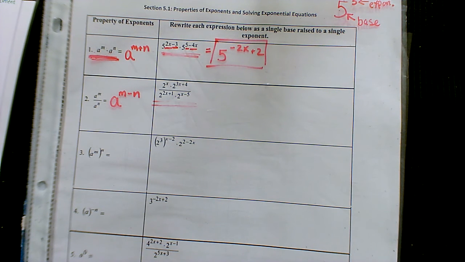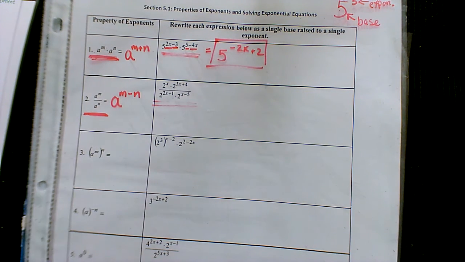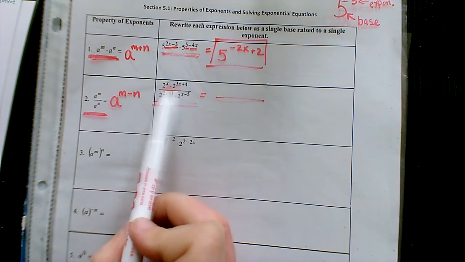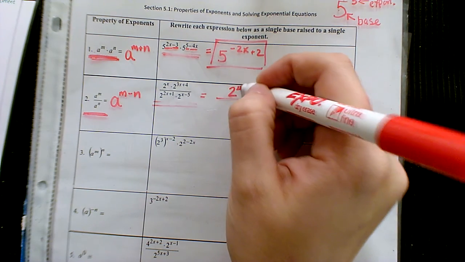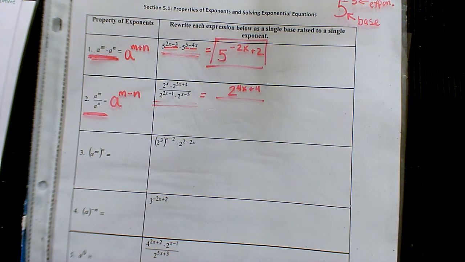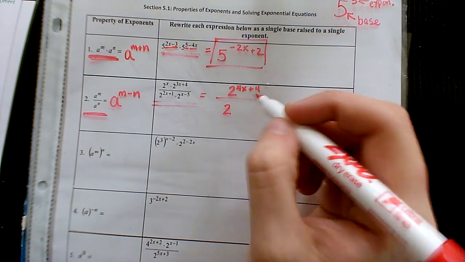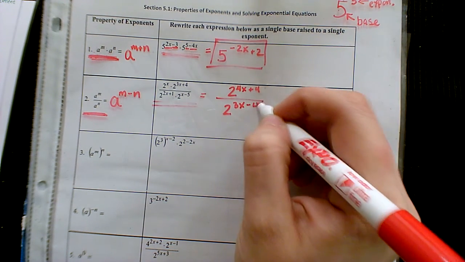Maybe we'll simplify the top and the bottom separately, and then we'll see how this division property can be used. So if we just work up top, we're going to go ahead and add the powers because we're multiplying the bases. That'll give us 4x plus 4. If we do the same property on the bottom by adding the exponents, we'll have 3x minus 4.